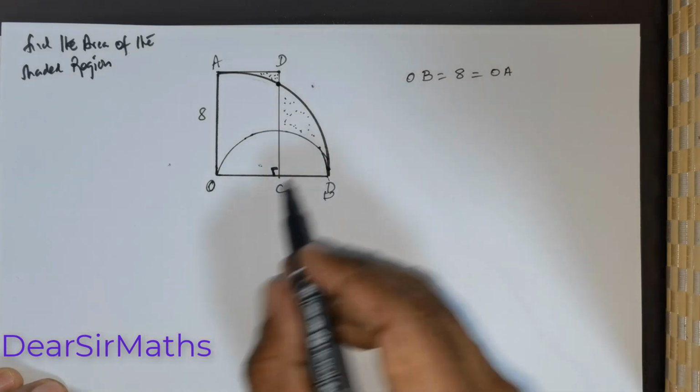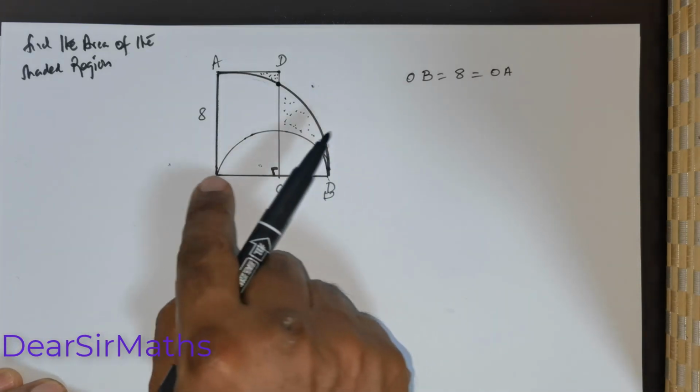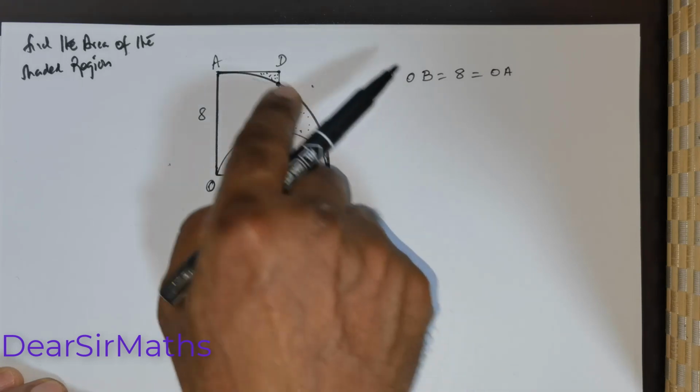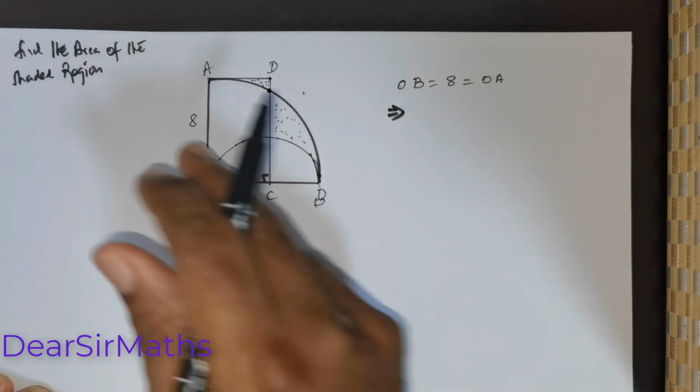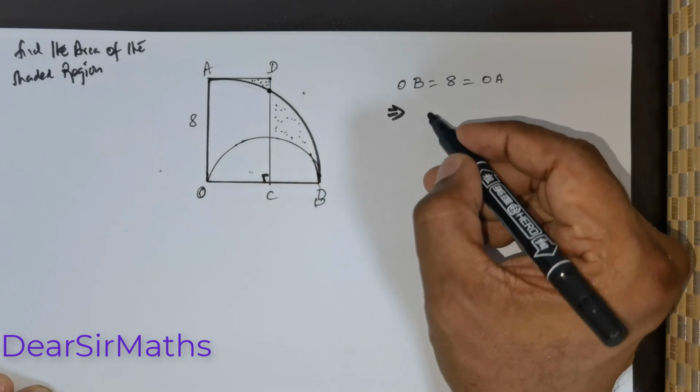So what I would do is, OB is equal to 8 units. So that is going to be the radius of the larger quarter circle, right?